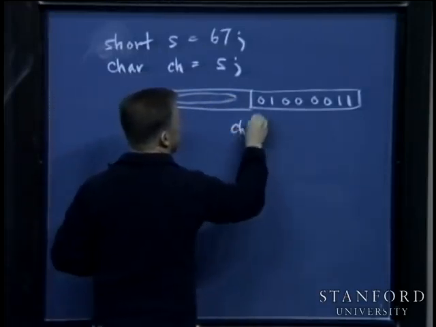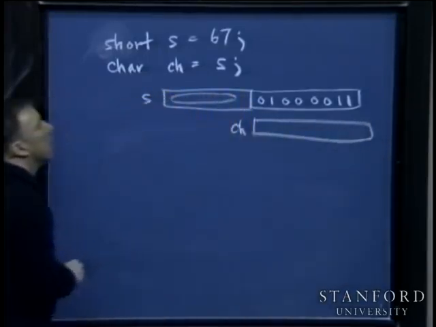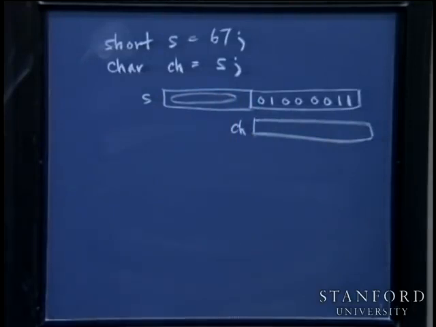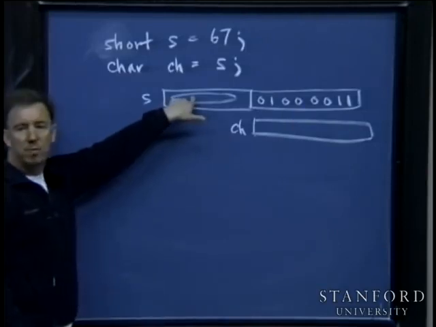So when s gets laid down in memory and it's assigned to ch, 2 bytes of information and 16 bits cannot somehow be wedged economically into an 8-bit pattern. So what C and C++, and many programming languages for that matter, do is they simply punt on the stuff they don't have room for.